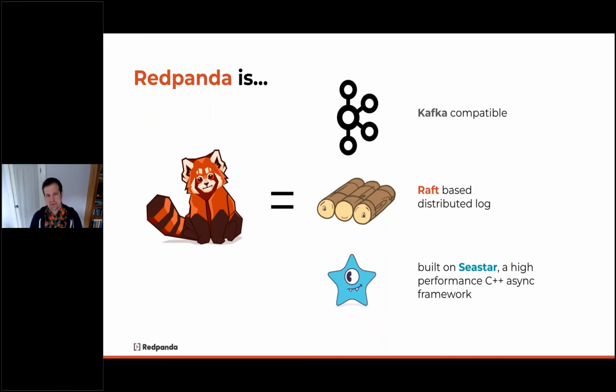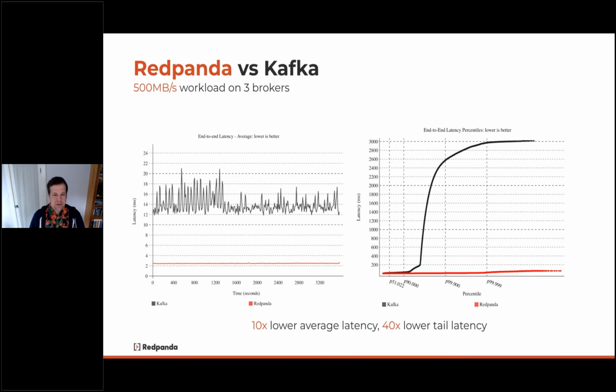So we're not making any high-latency memory requests in the system. This really allows us to get the best performance possible out of the machines that we're running on top of.